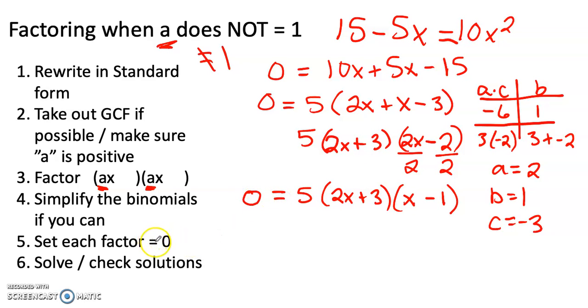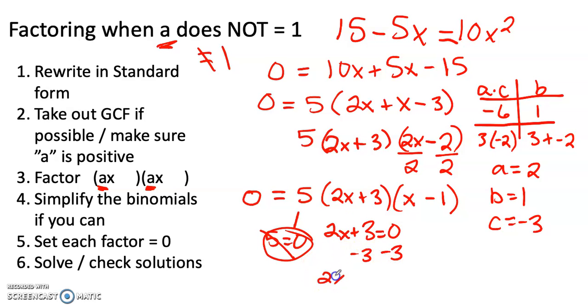All right, so now I set each factor equal to 0. So 5 equaling 0, well, that is definitely not a thing. That's not possible, so that's not a possible solution. 2x plus 3 equals 0. I'm going to subtract 3 on both sides and divide by 2 on both sides. So we do have a possible solution of -3/2. And then I'm going to set this guy equal to 0.